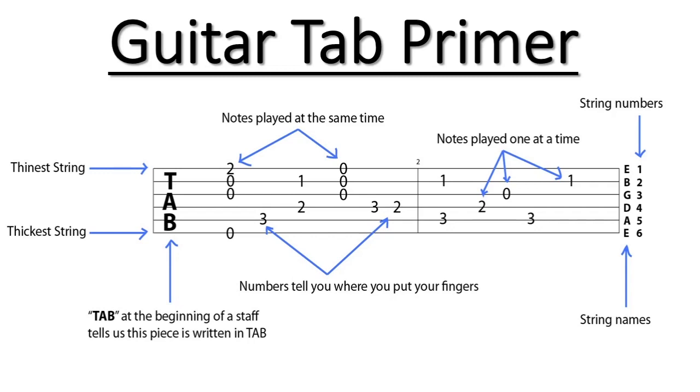It's very different to music notation, and you'll find that guitar tabs is what you would find on the internet primarily. Why is it important to know how to read guitar tab?